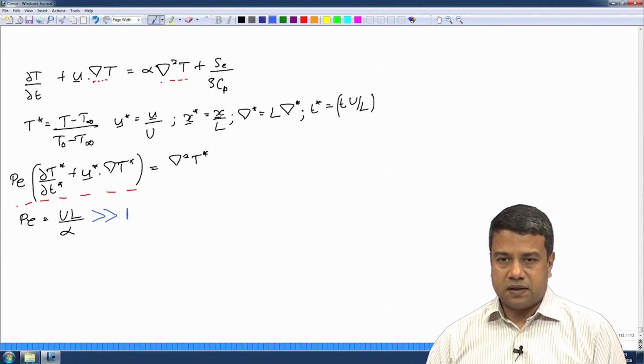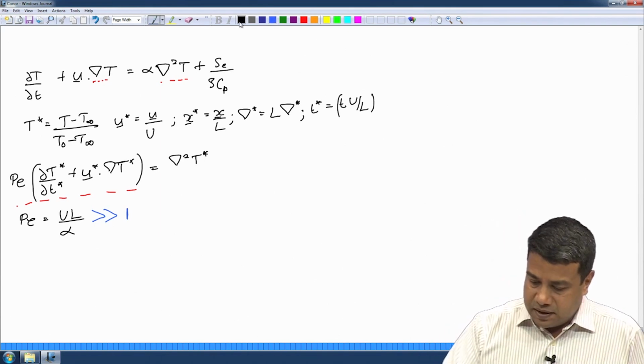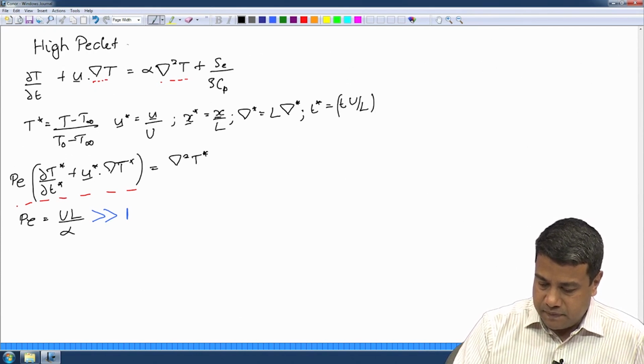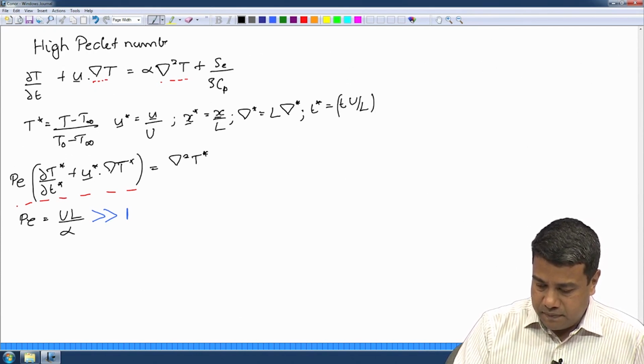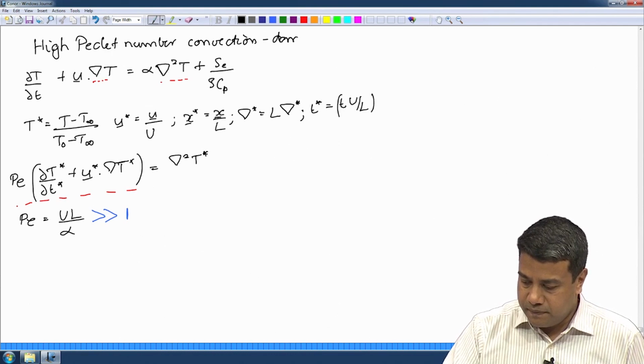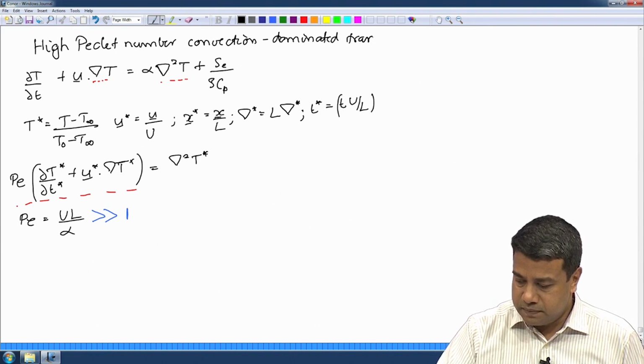That is when convection is large compared to diffusion. So, our next series of lectures are going to be about high Peclet number, convection dominated transport.